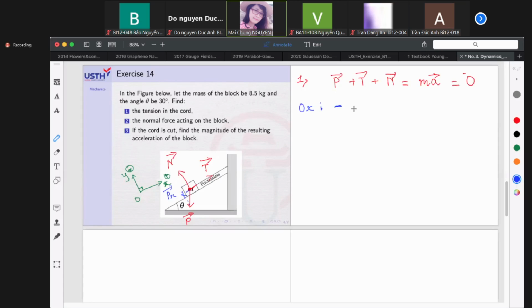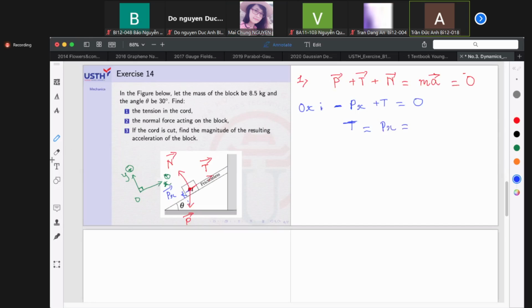For the magnitude, we have minus Px plus T is equal to 0. So finally we get the tension T equal to Px.